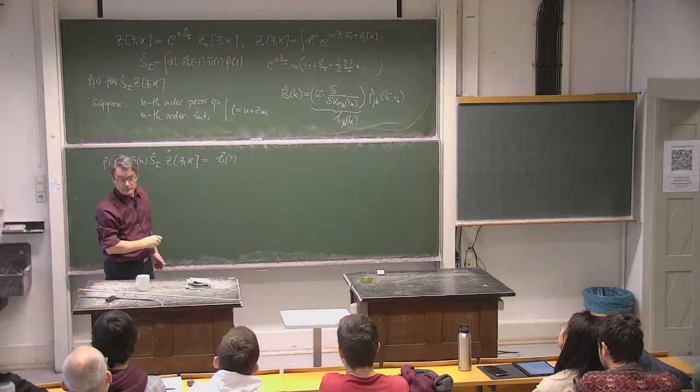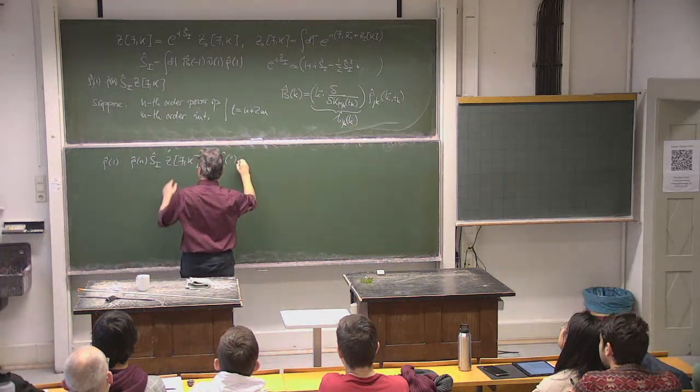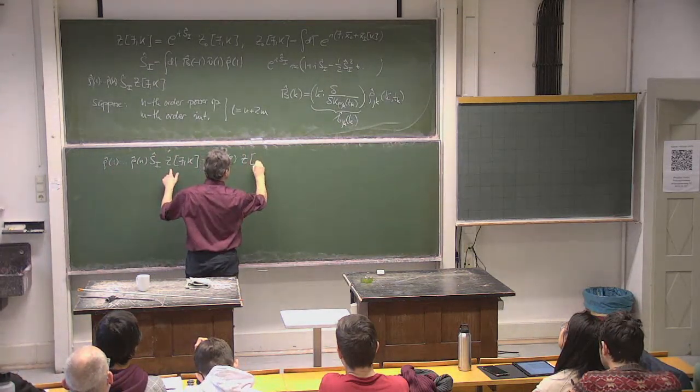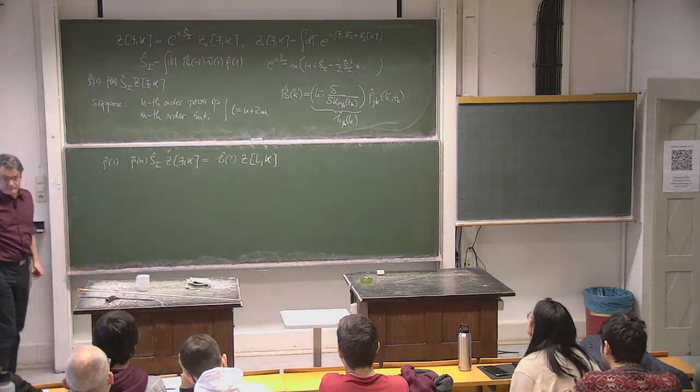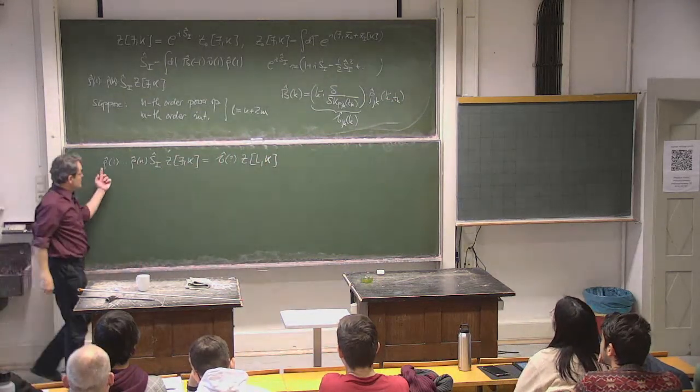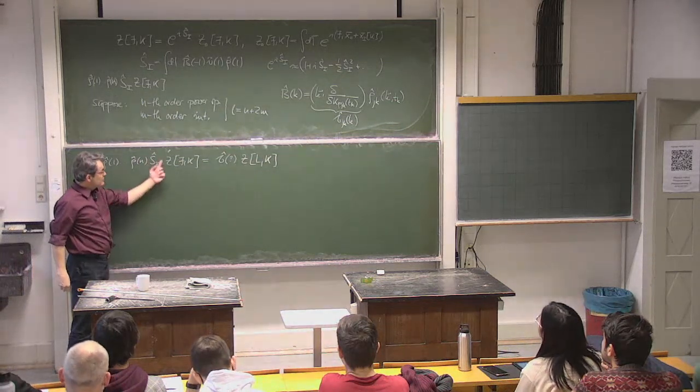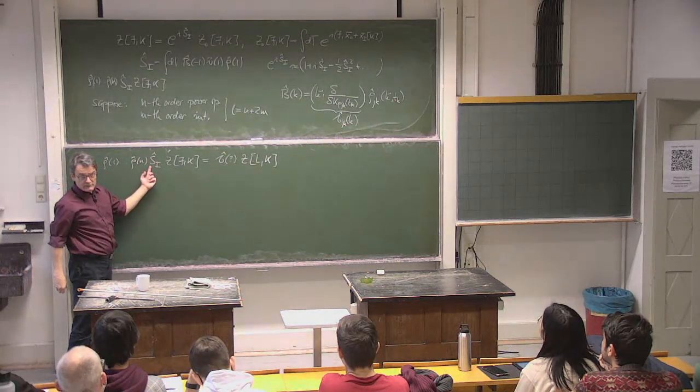B hat of some argument applied to Z of L and K. So I have the two density operators contained in the interaction operator.